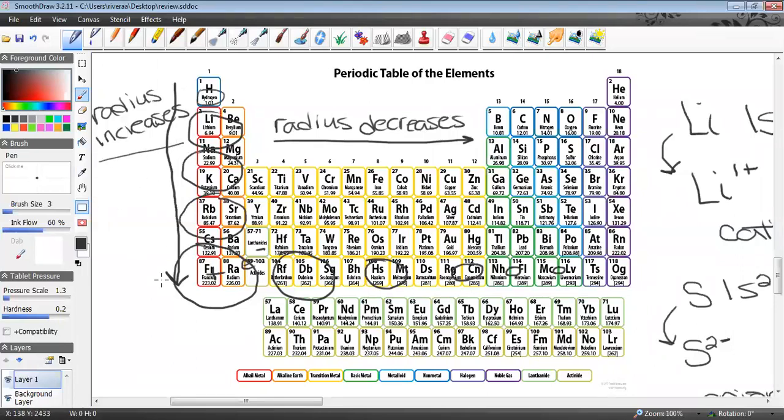So maybe I should say ionization energy decreases because the electrons are really far away. So they're much easier to pluck off than on these small atoms. So when we go across the periodic table and the atoms get smaller, ionization energy increases.